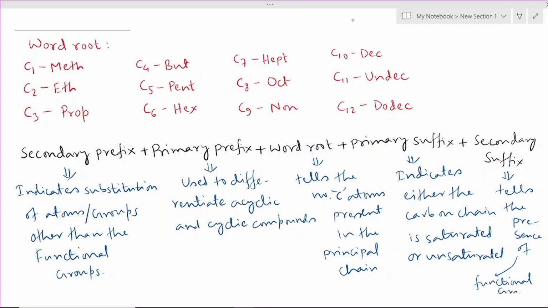We will understand by some examples. Suppose an organic compound has the IUPAC name 2-methylpent-3-yn-1-ol.